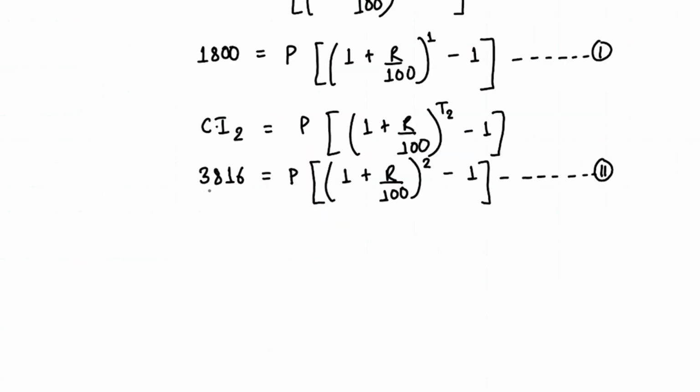Now again, what we're going to do is we are going to divide these two equations, okay? So I'm going to divide equation 2 by equation 1, just to put the bigger number in the upper part of the fraction and the smaller number in the lower part of the fraction.